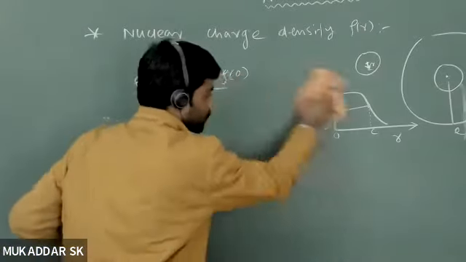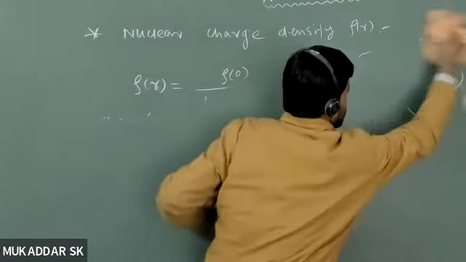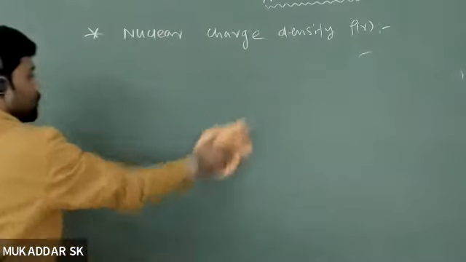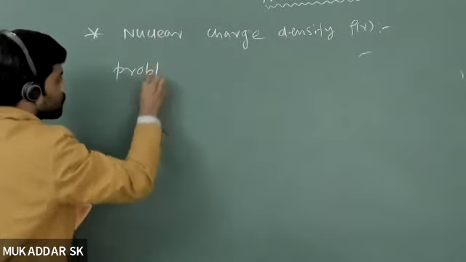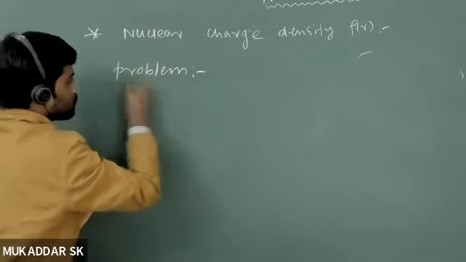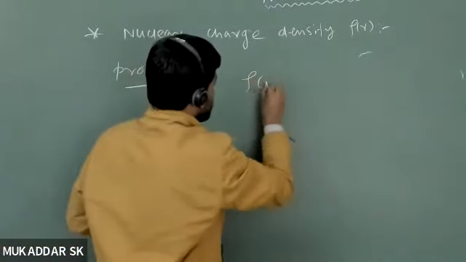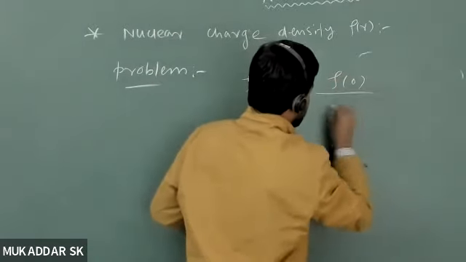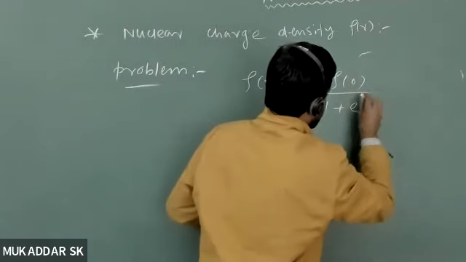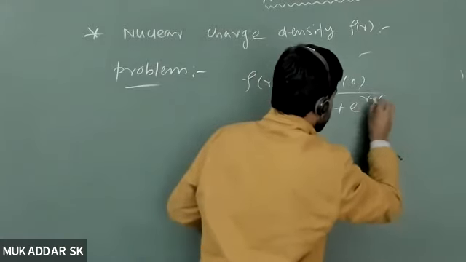Okay, now let us solve one problem based on this. Suppose they have given the charge density inside the nucleus, again I'm writing the same thing, rho naught by 1 plus exponential r minus c by a.